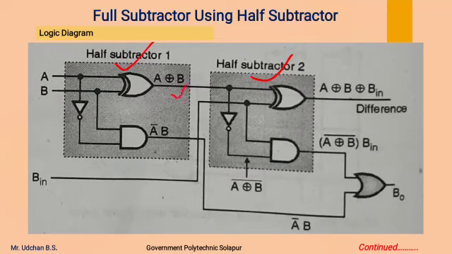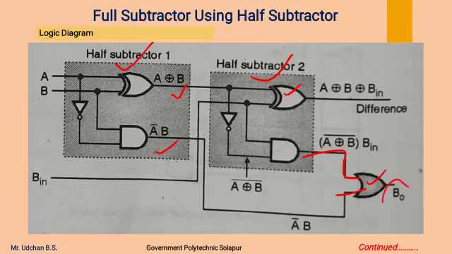Difference output of first subtractor is connected as an input to the XOR gate of the second half subtractor. Borrow output of the first half subtractor is connected to this OR gate, and borrow output of second subtractor is also connected to this OR gate. This is the OR gate.